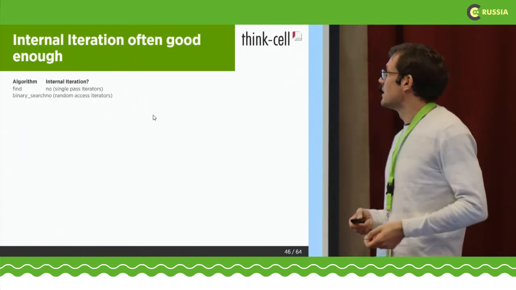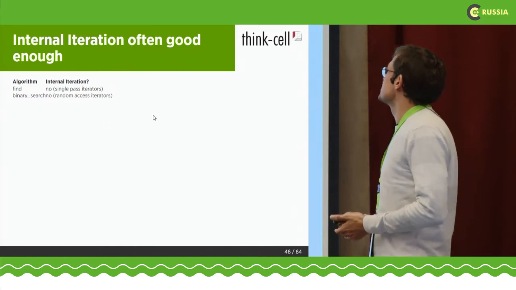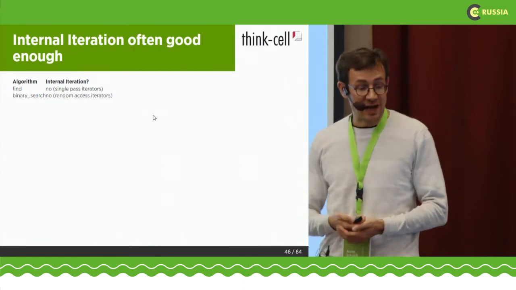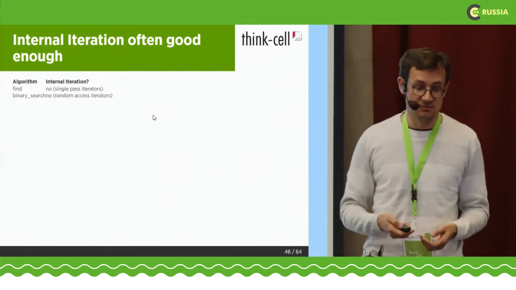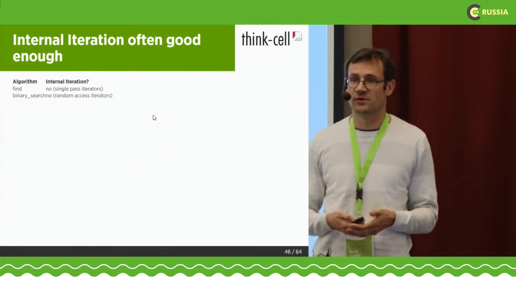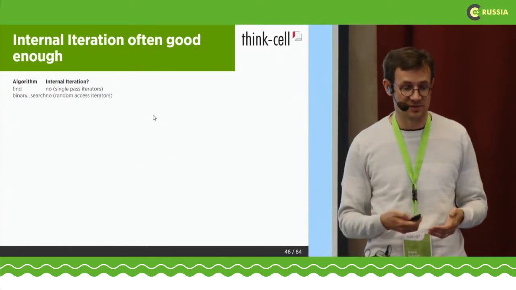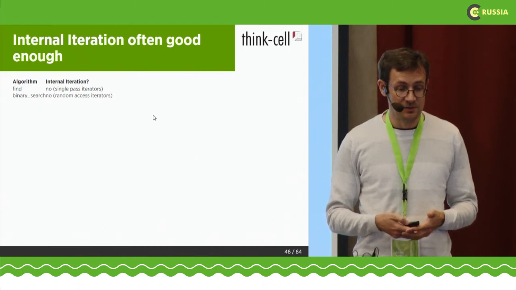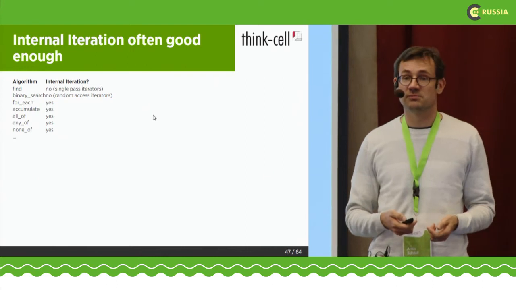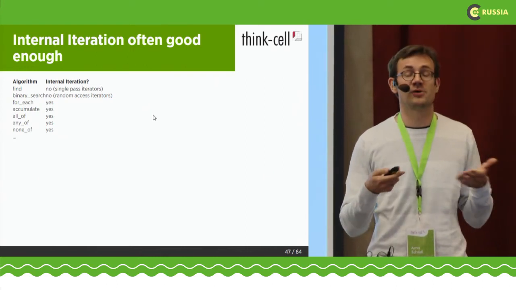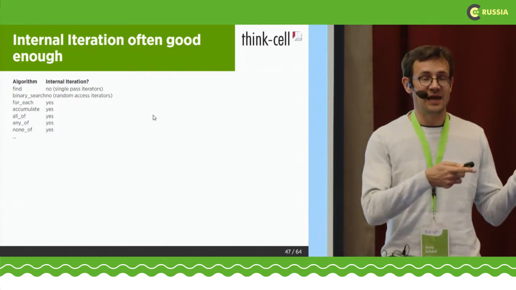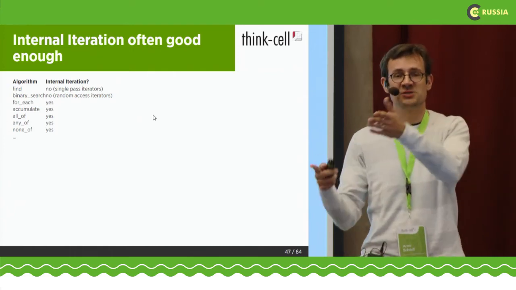And it turns out, going through our code base, that internal iteration is actually often good enough. You can't run a find, at least as long as you're returning iterators, though you can if you only need the value, then you could just return the value. You can't do the binary search, same reason, but you can do a for each. The for each is the primary thing where you turn the external iteration into an internal iteration.